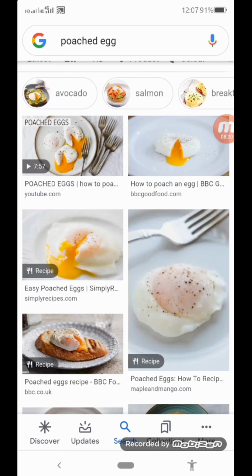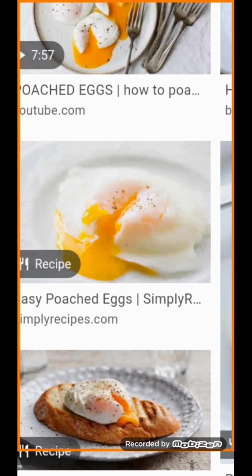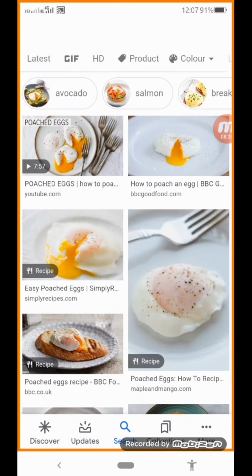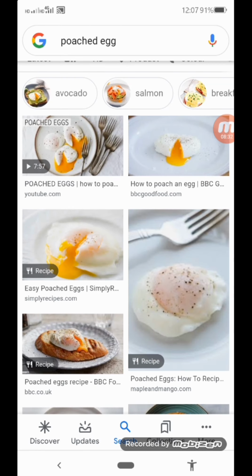But inside what you have is liquid. That is the classic poached egg, how it is supposed to look. It is supposed to look translucent, and it has a liquid inside. So when you break it open, it has a liquid interior.